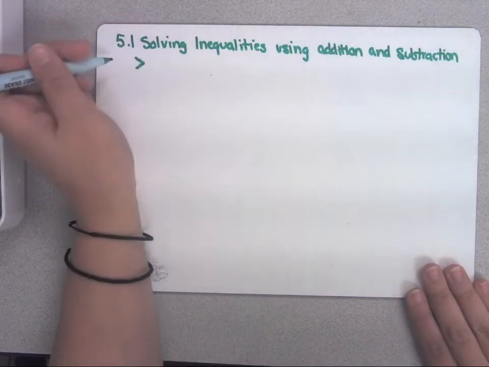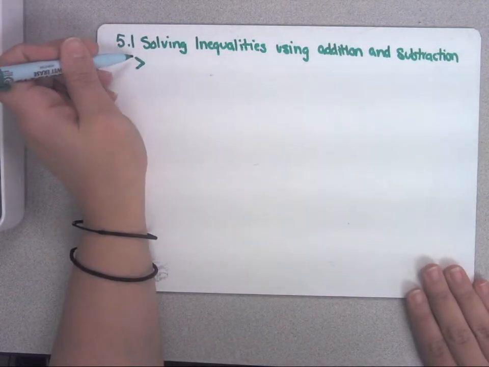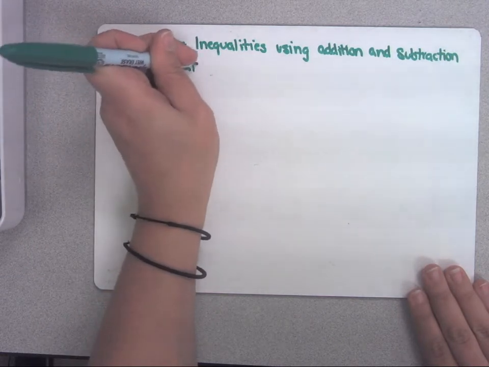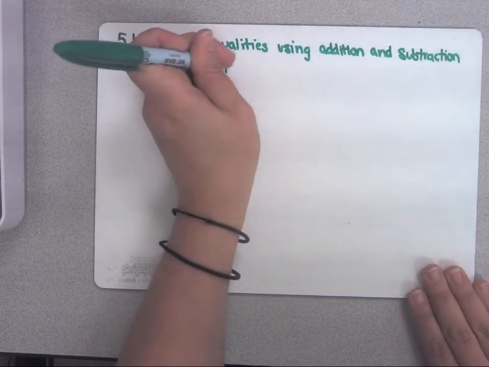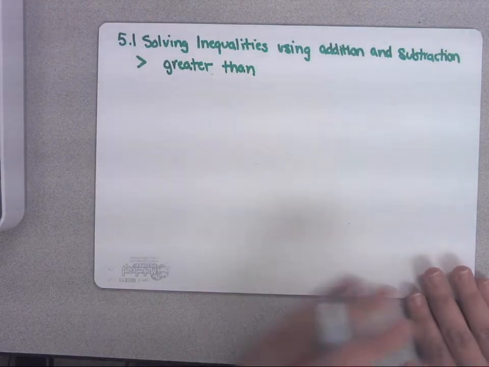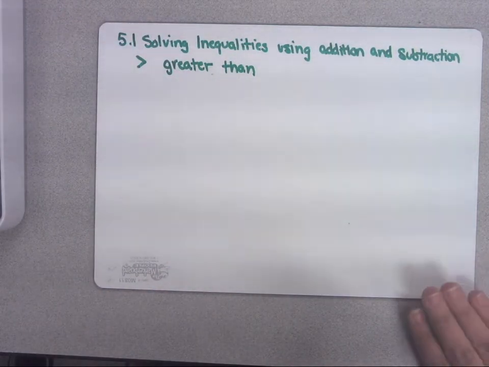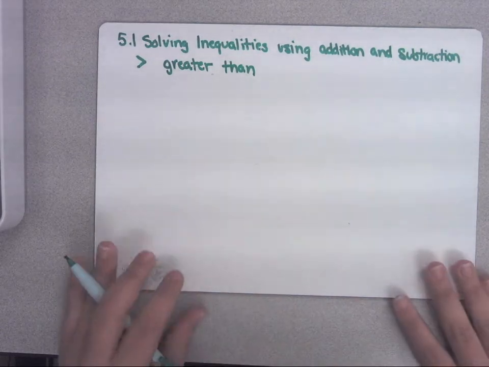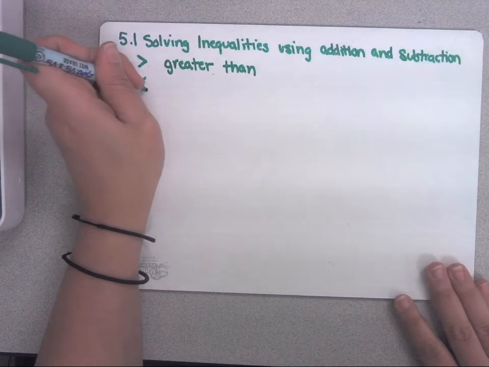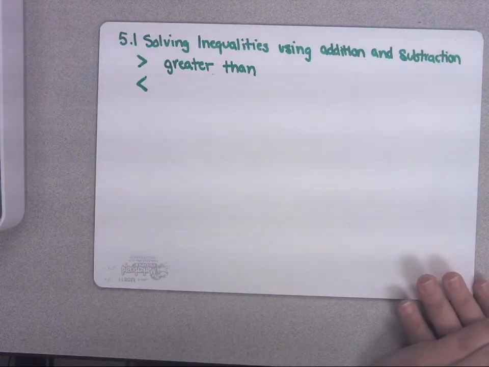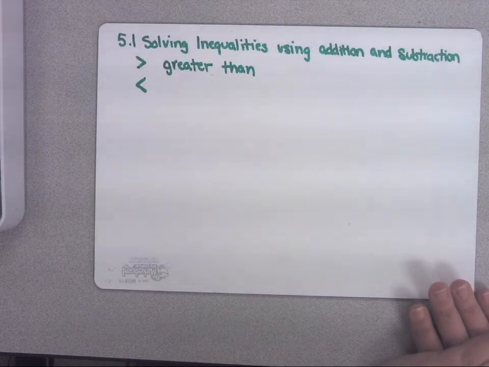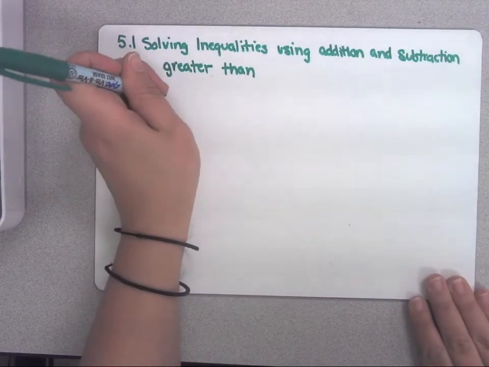Yes, we call this one greater than, because we read them left to right, and this one, the big side is on the left. It means the left side is greater than the right side because the open side is bigger than the small pointy side. If I flip it, right underneath it I'm going to draw the same thing, but with the pointy side on the left and the open side on the right. This one is called less than.